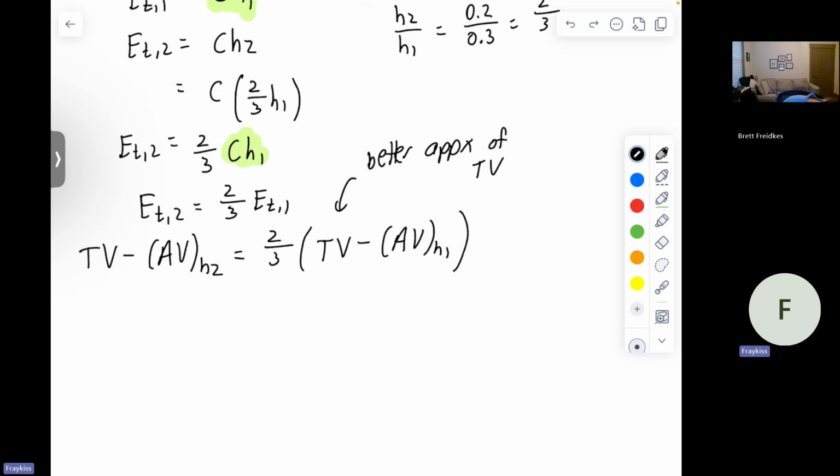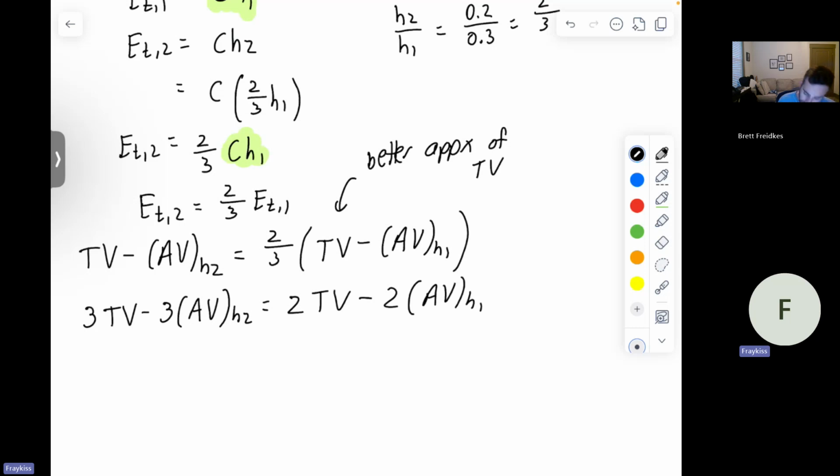If you want to do it like that, we get 3 TV minus 3 AVH2. This will be the same as 2 TV minus 2 AVH1. Again, that's just from multiplying both sides by 3, so those 3's would cancel.